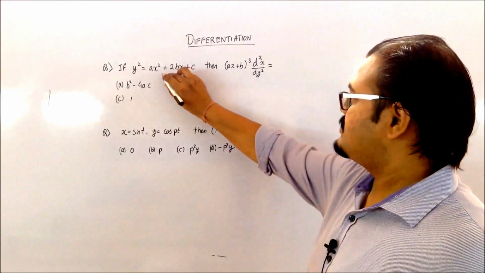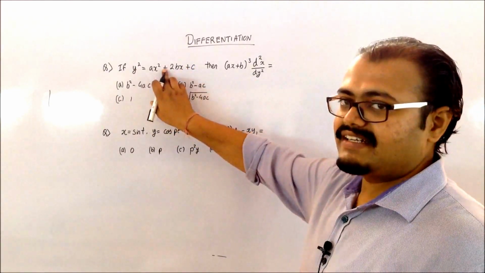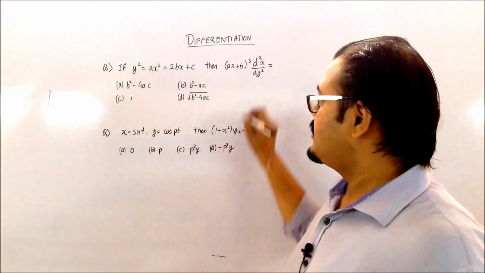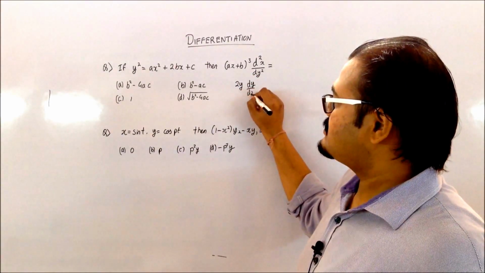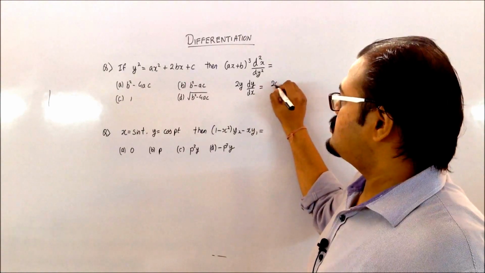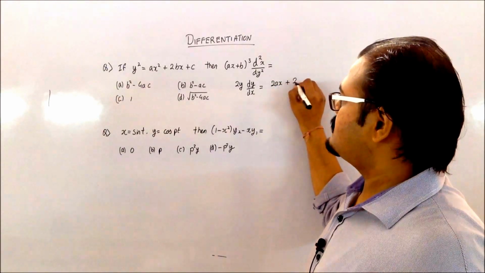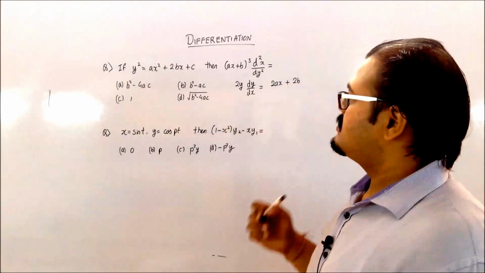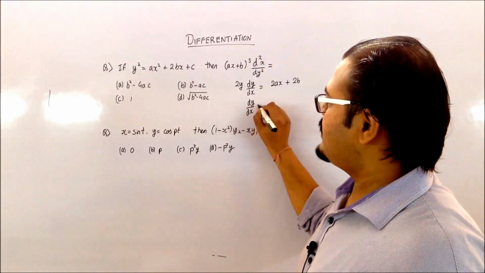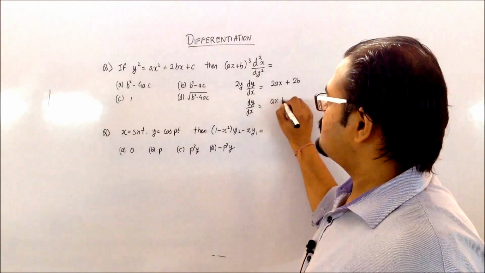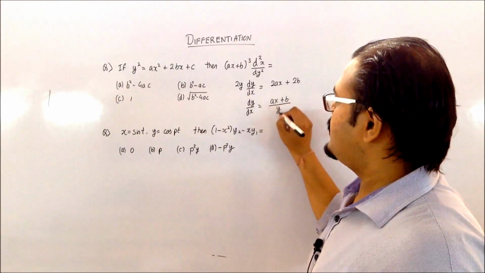So if you take derivative of this with respect to x, you will have 2y dy by dx equals 2ax plus 2b. So your dy by dx will have the value ax plus b upon y.